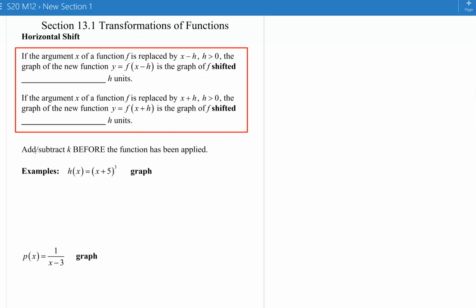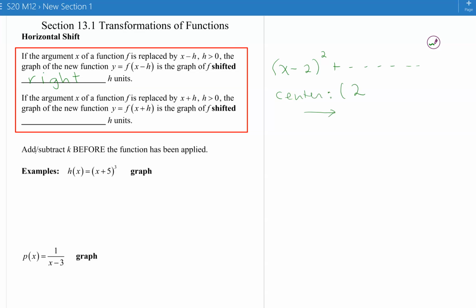So if the argument of the function is replaced by x minus some positive number h, it shifts the graph right h units. And if you think about this, we've already been dealing with this idea when we did the circles. If in the circle equation it had x minus 2, we said, well, the center then had an x coordinate of 2.